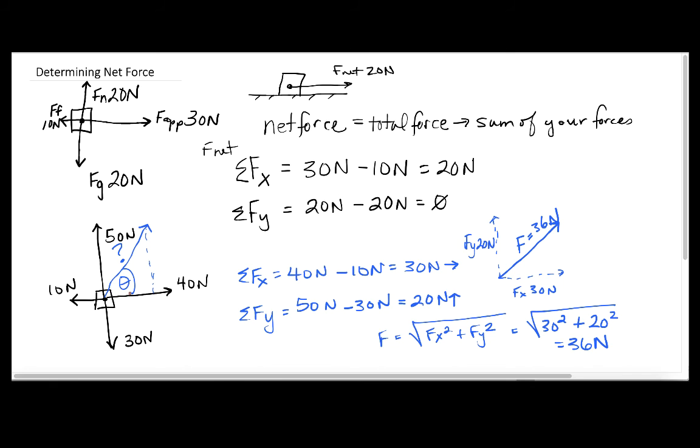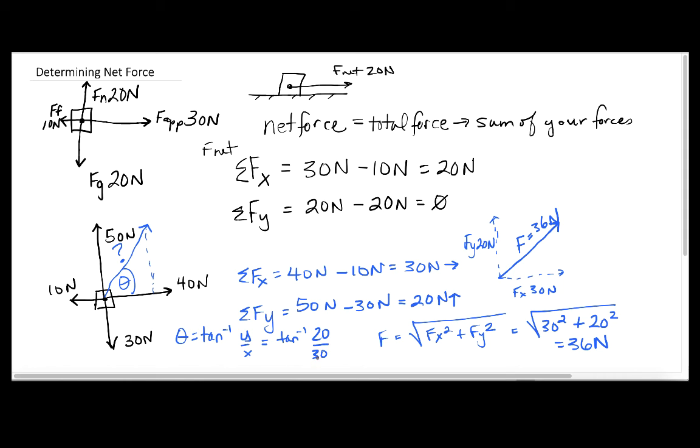We'd also need that angle. And so remember, for angle, we're going to use the inverse tan. And generally, it's just y over x, if you have it set up this way. And so the y portion was the 20 newtons, and the x portion was the 30 newtons.